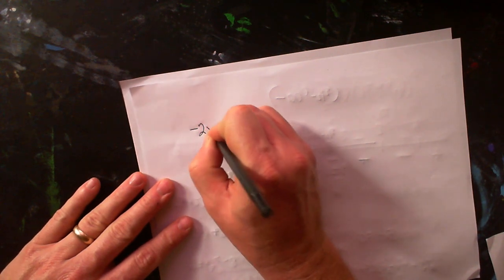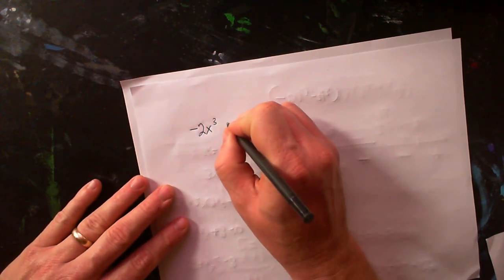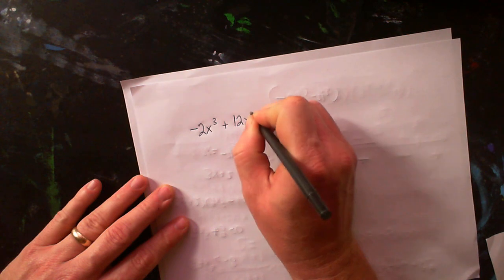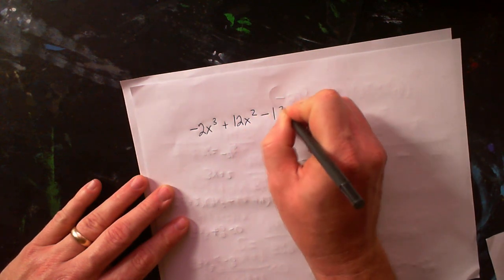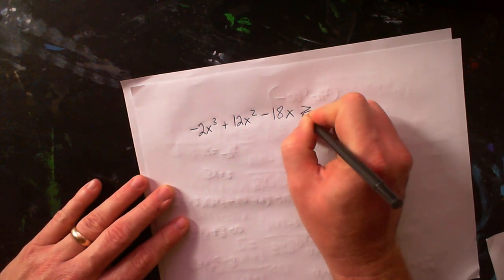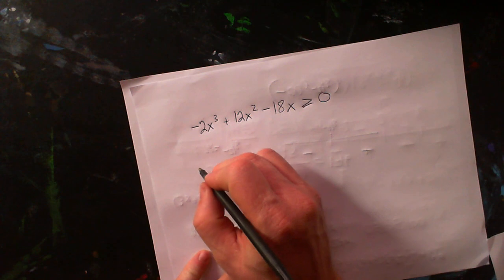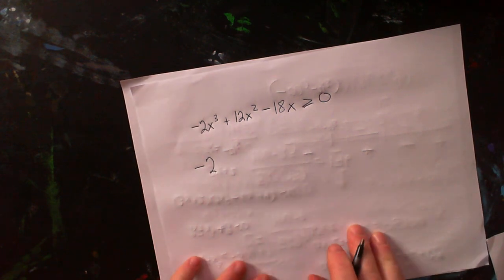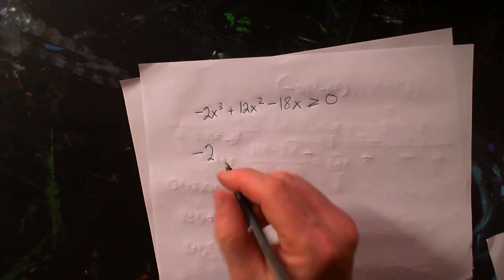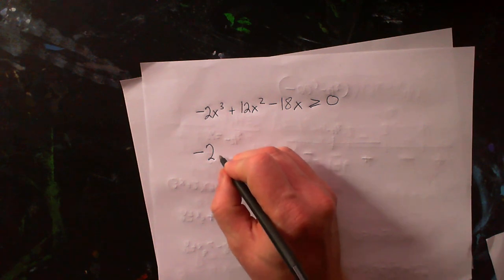Negative 2x cubed plus 12x squared minus 18x greater than or equal to 0. So in this case, we can factor out a negative 2 from all three terms. Actually, a negative 2x.